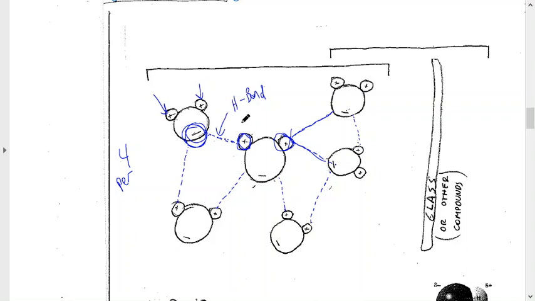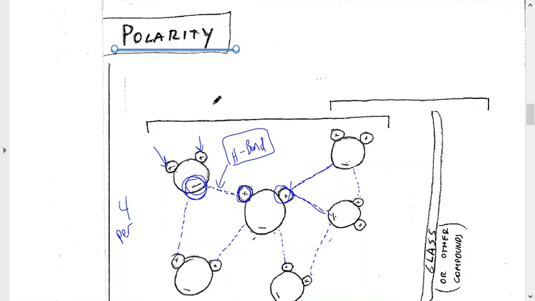So the hydrogen bonds are formed between areas of polarity of two different molecules. This property is called cohesion, water sticking to itself. And it's a direct result of its polarity.